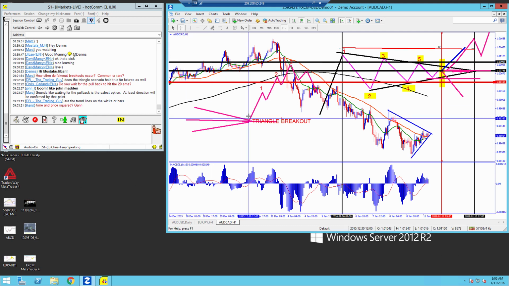So triangle breakout. If it breaks out and is very impulsive, like strong, you're going to get that drive, that shallow pullback, that drive, that shallow pullback, that drive.